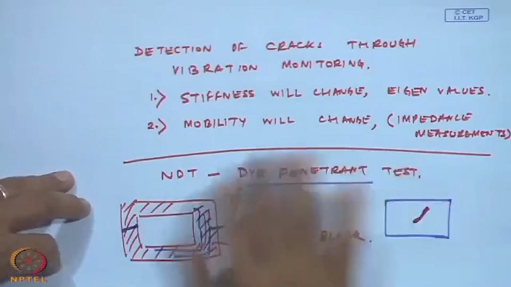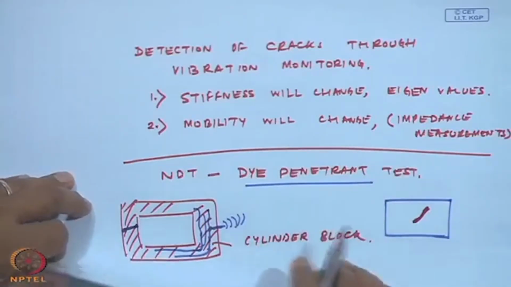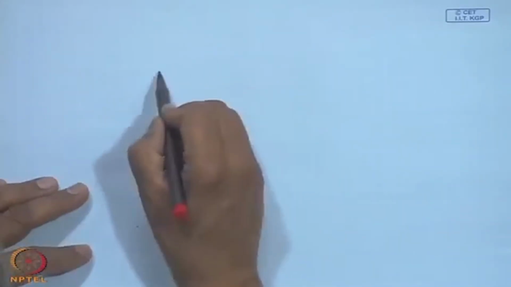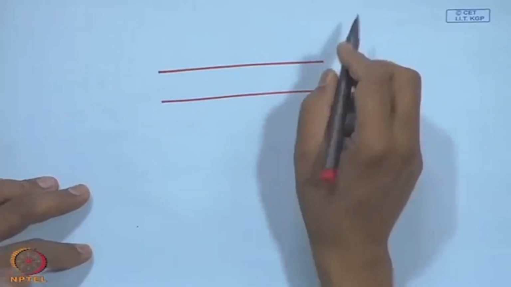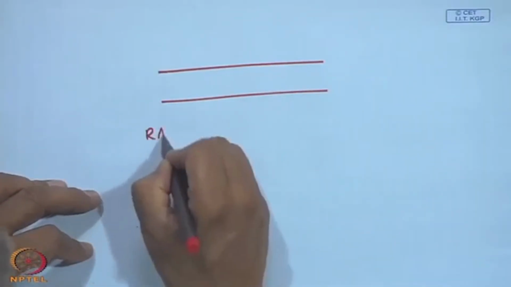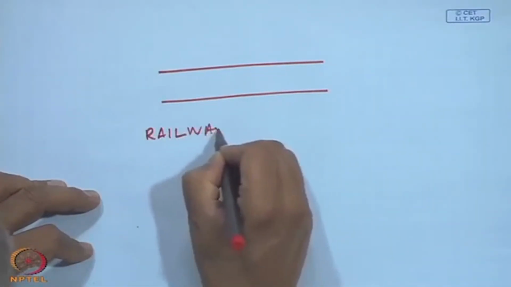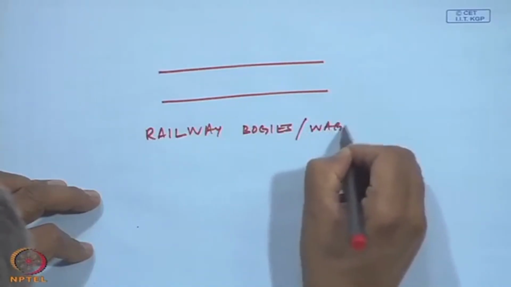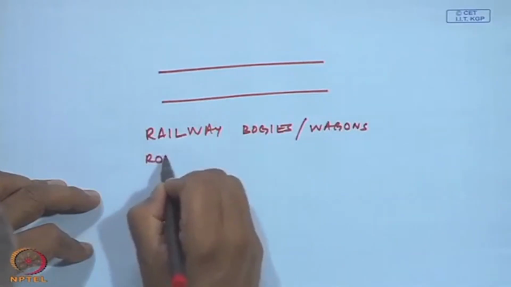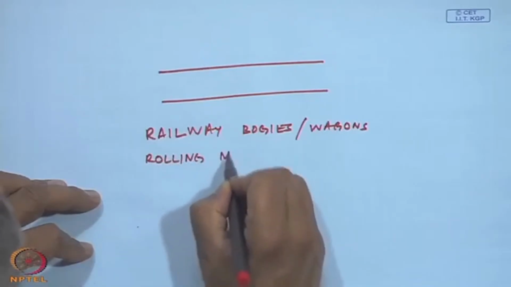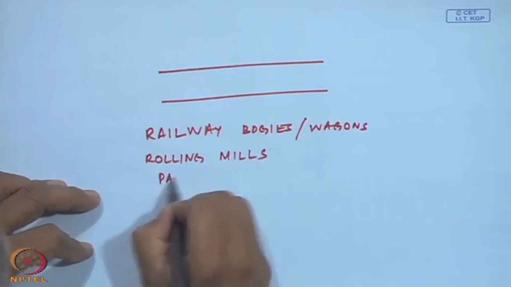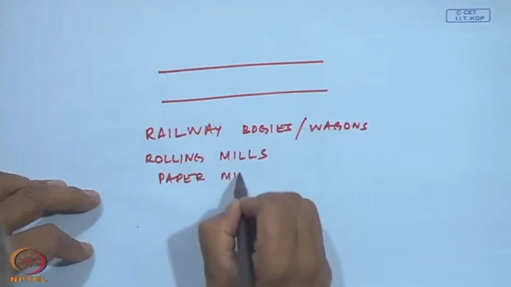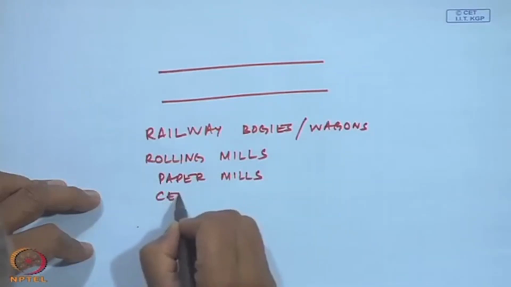That is one way, which we will discuss later on, along with ultrasonics in the NDT section. And another crack detection technique, which they do for shafts which are rotating, particularly imagine in railway bogies or wagons, rolling mills, paper mills, cement plants.